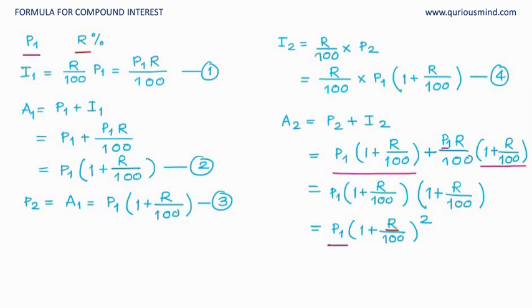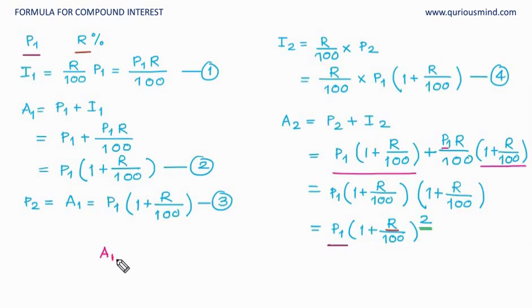And what is this 2? What does this 2 indicate? This 2 indicates that we have calculated the interest at the end of second year. So this 2 indicates the term. Hence we can write the formula for amount at the end of nth year.